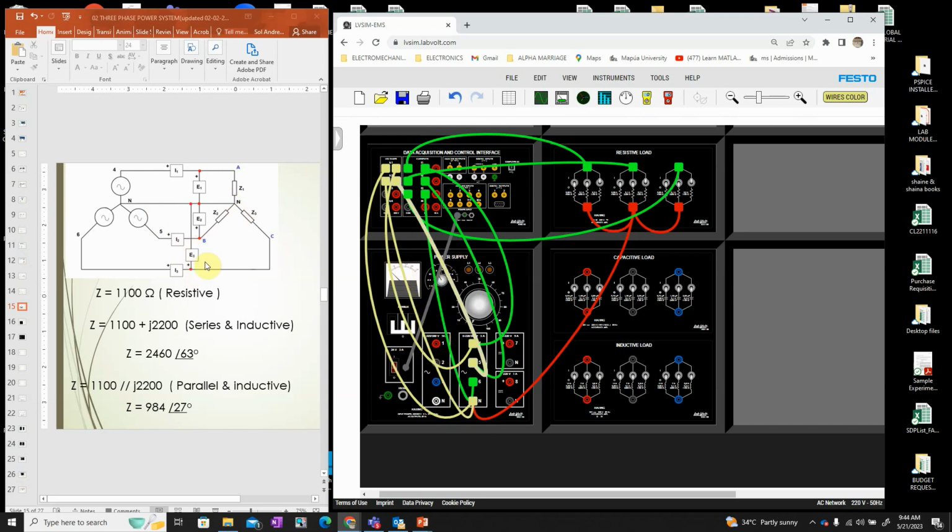E3 is the voltage between node 6 up to N.